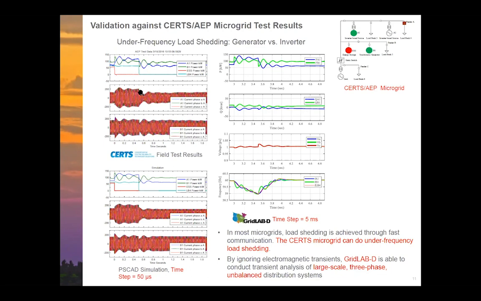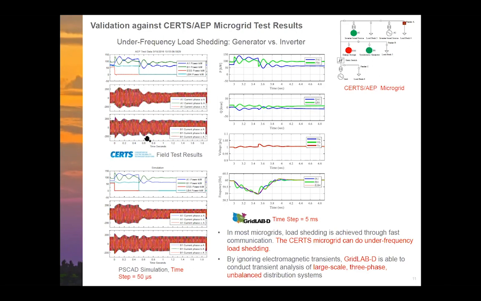By the way, I know in many microgrids they can do load shedding, but usually their load shedding is based on a fast communication system. But in this grid-forming microgrid, if we have that overload mitigation controller, it can do under-frequency load shedding, so it does not require a fast communication system.